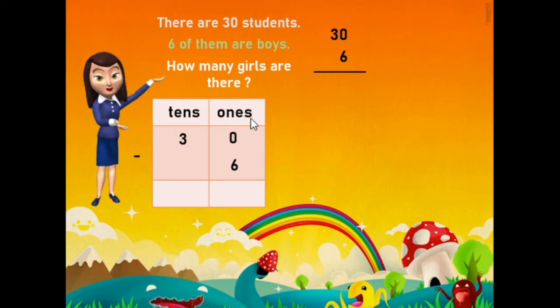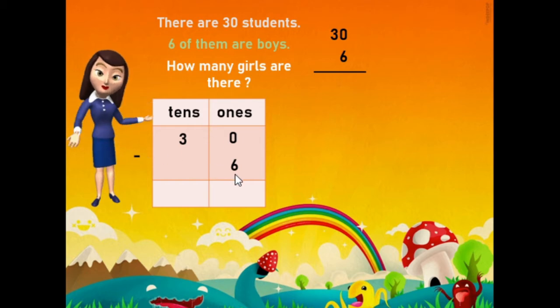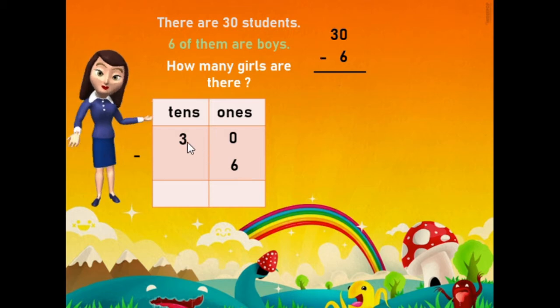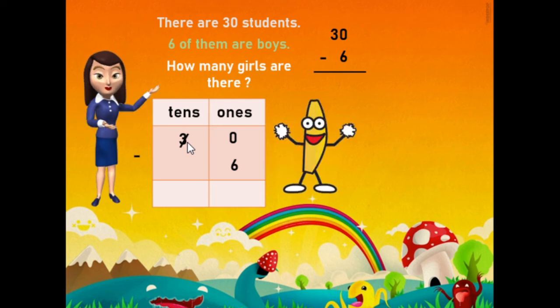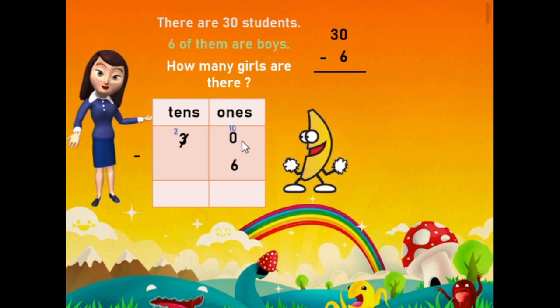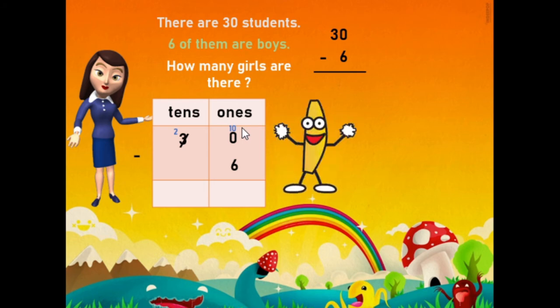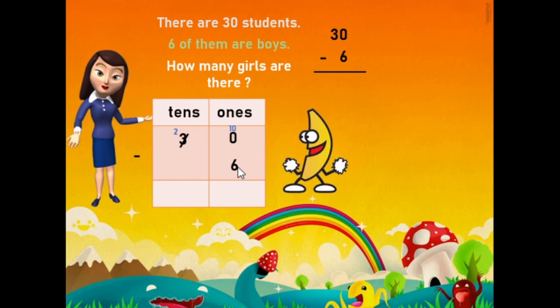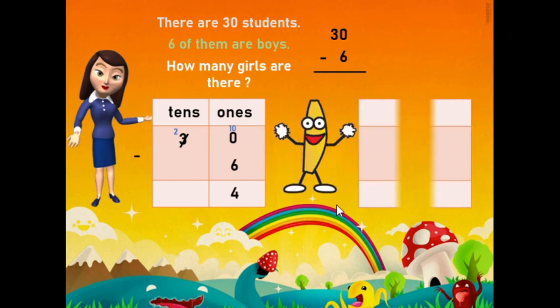Then, subtract first at the rightmost part. It's 0 minus 6. 0 is smaller than 6, so we borrow 1 from 3. 3 becomes 2, and 0 becomes 10. Now we can subtract. 10 minus 6 equals 4.